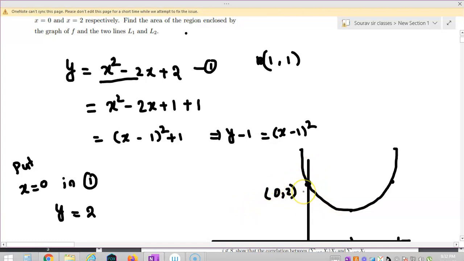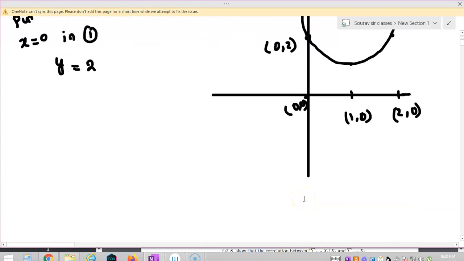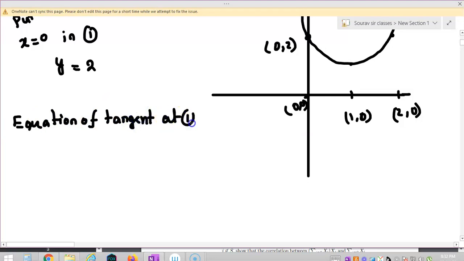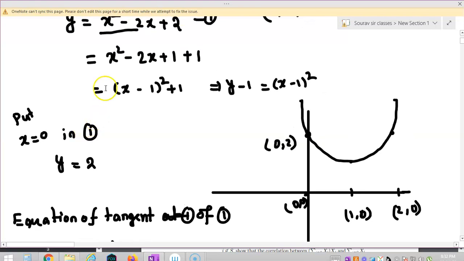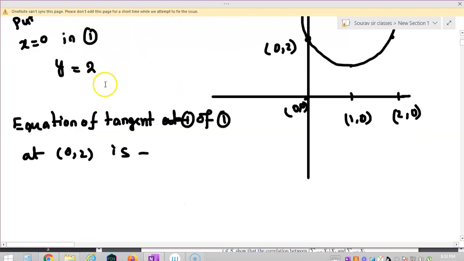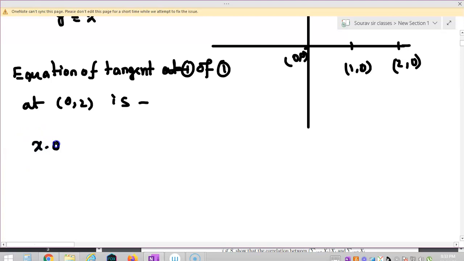So what will be the equation of the tangent of equation 1 at (0, 2)? Using the tangent formula, x into 0 minus 2 times (x plus 0) plus 2 equals half into (y plus 2).